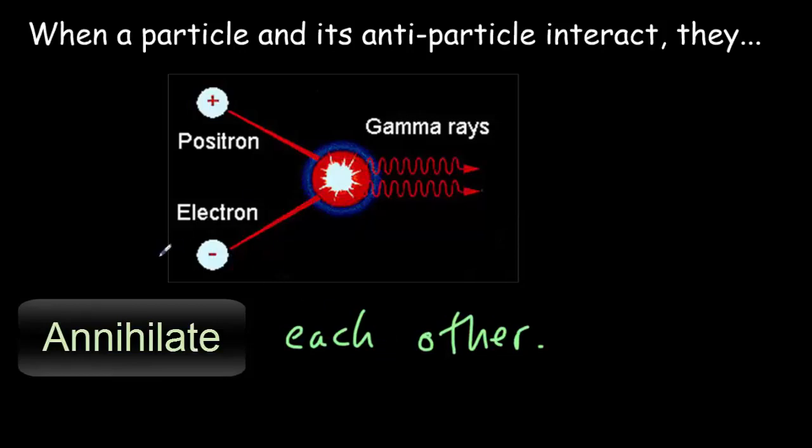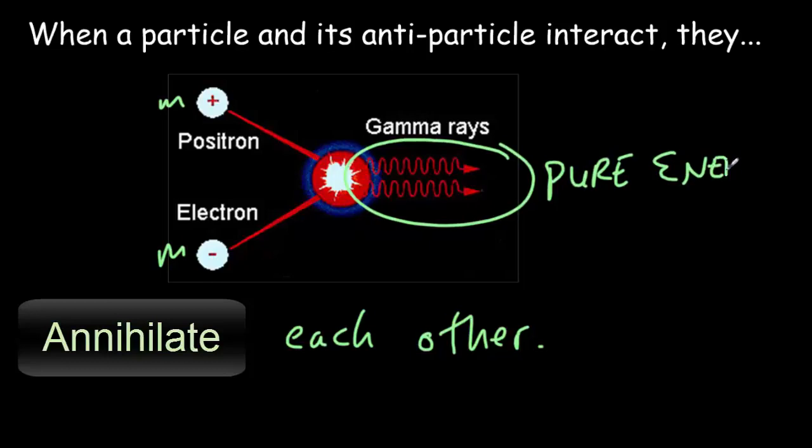In other words, the electron and the positron both have mass, and all of that mass will be converted into pure energy in the form of electromagnetic radiation after this interaction. And the amount of energy produced would be given by E equals mc squared, where m would be the combined mass of the two particles. So a little bit of mass here will give you a whole lot of energy.